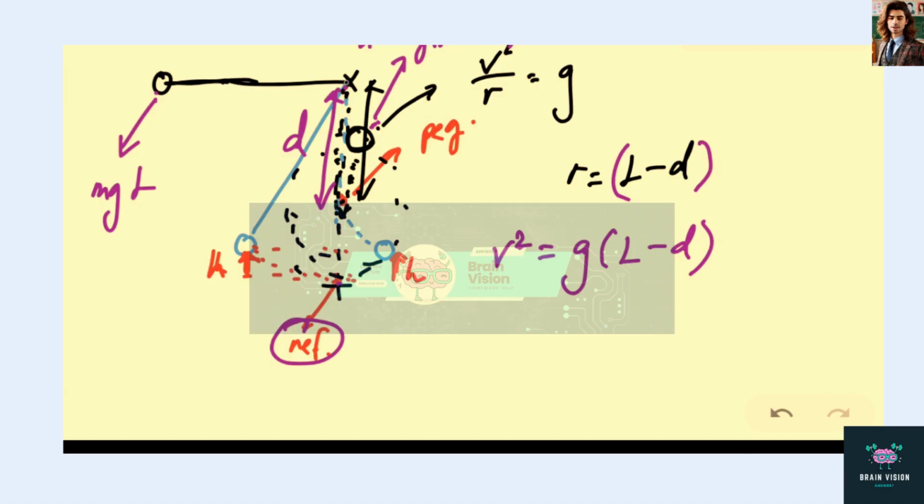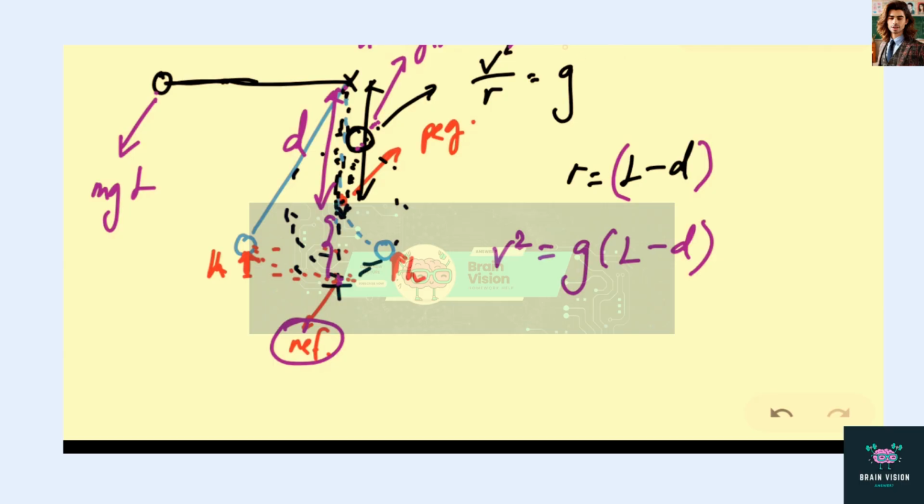L minus d would just be this distance, but this is the radius, and we want 2 times the radius, since the height is 2 times the radius.